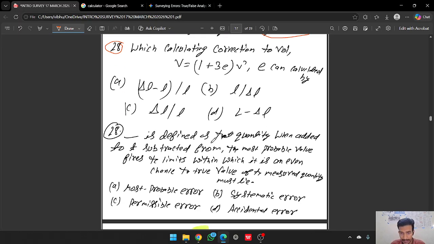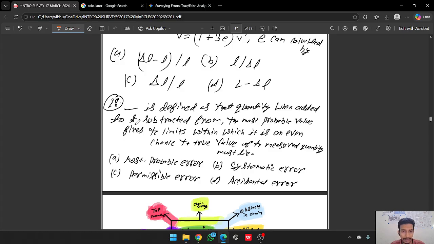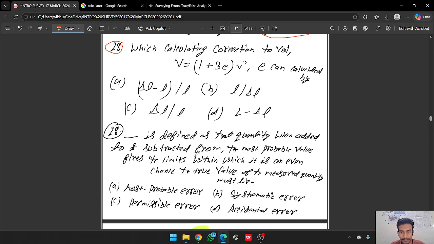Dash is defined as that quantity which, when added to and subtracted from the most probable value, fixes the limit within which it is an even chance that the true value of the measured quantity must lie.